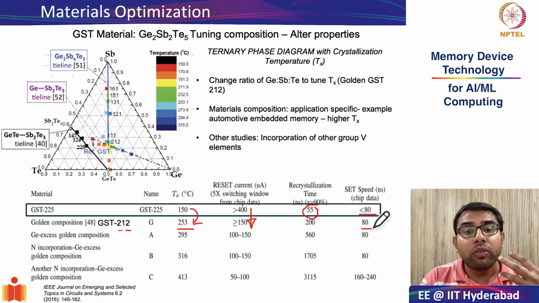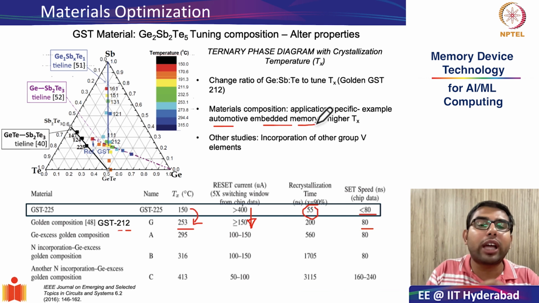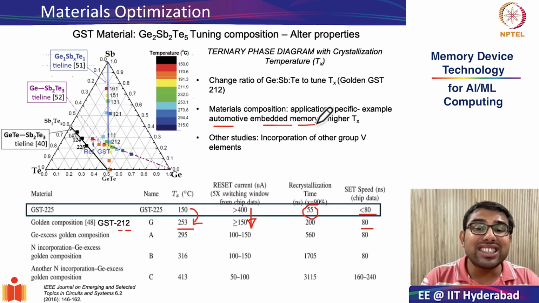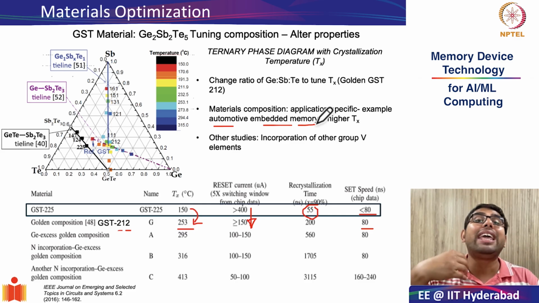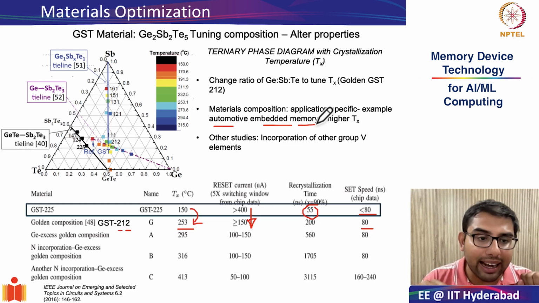that phase change RAMs have very niche applications such as in automotive embedded memory. And as you can imagine, in an automotive use case, you would want your crystallization temperatures to be even higher. Why? Because in automotive embedded memories, the PCRAM will be exposed to elevated temperatures. So you want higher Tx for better reliability.